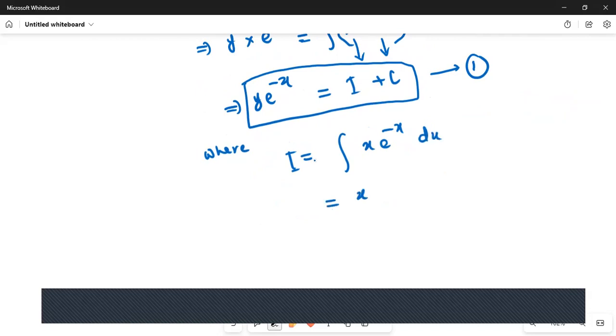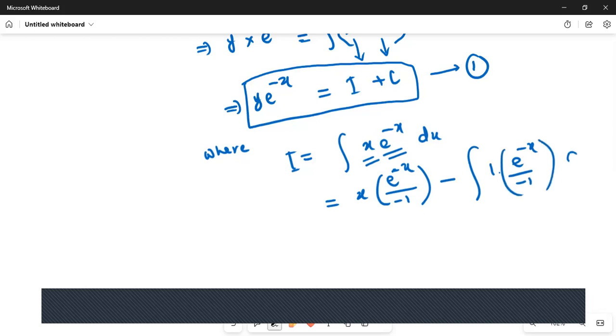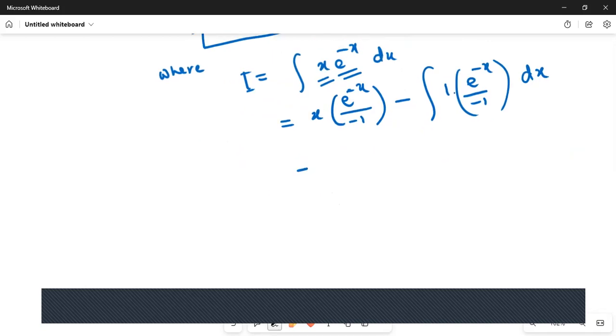So x times the integration of e power minus x, which is e power minus x by -1, minus the integration of the differentiation of x, which is 1, times e power minus x by -1, then dx. Correct. So then you will write minus x e power minus x. This minus minus will become plus, and this is e power minus x dx.